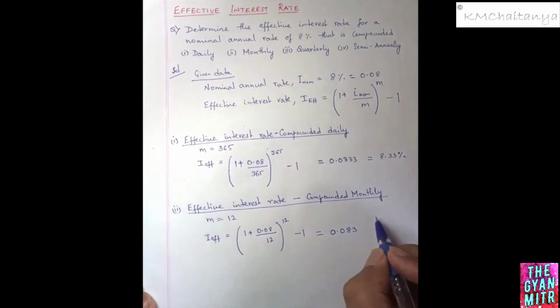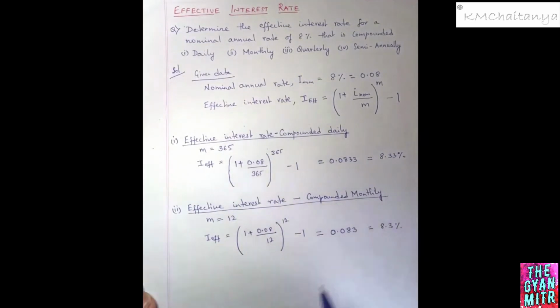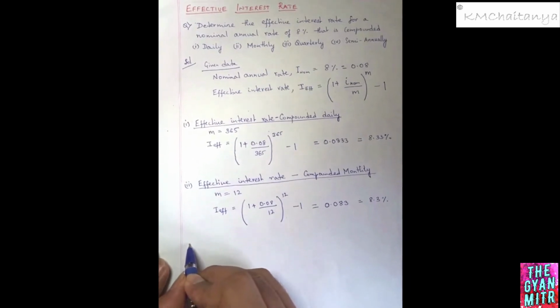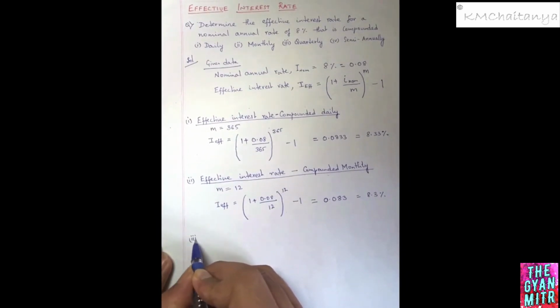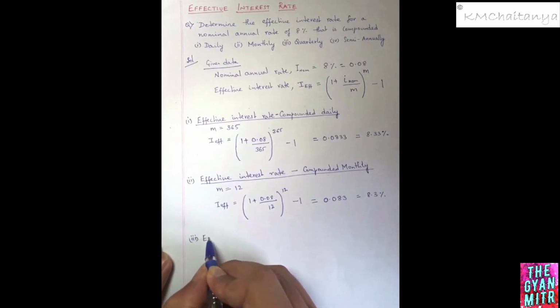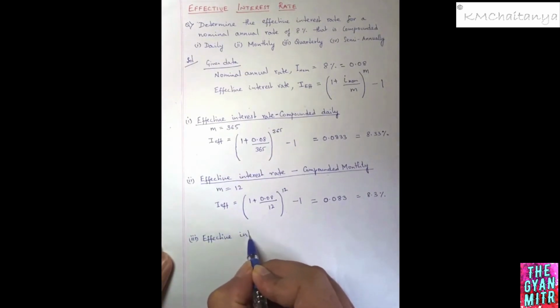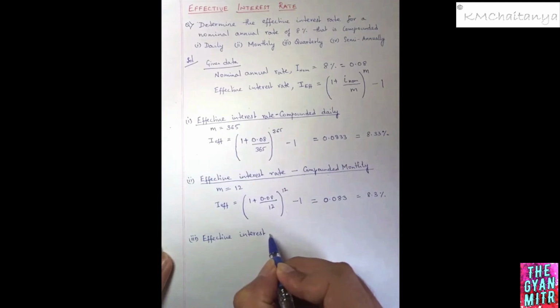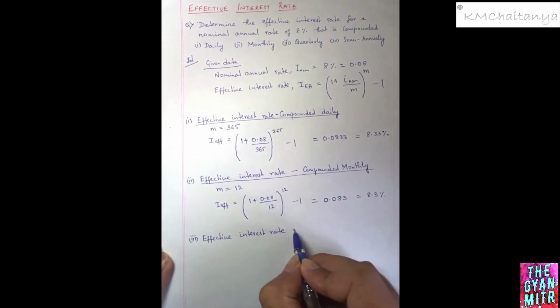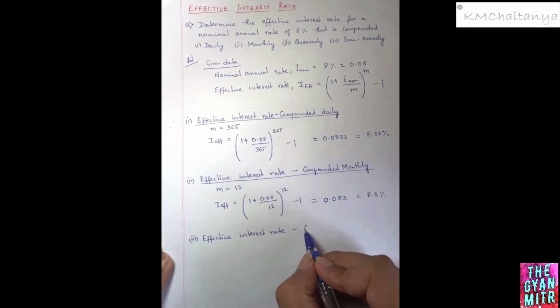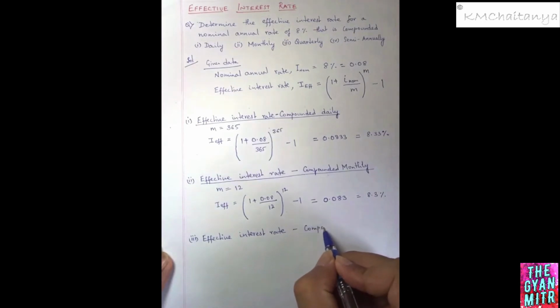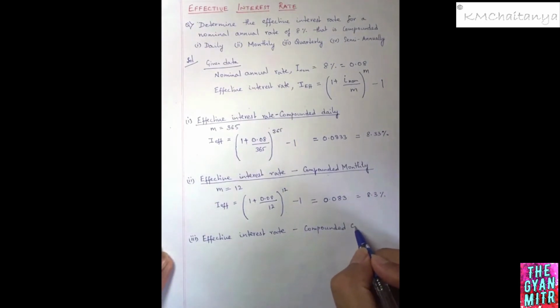This is in decimal. If I convert it into percentage, it will be 8.3%. Now the third part, the effective interest rate if the nominal interest rate is compounded quarterly.